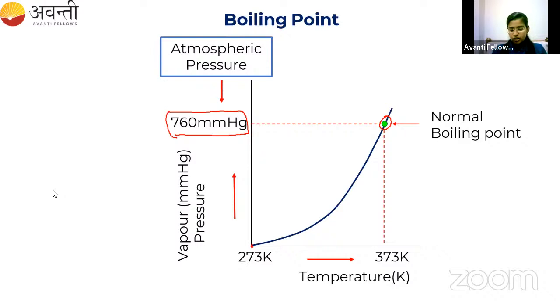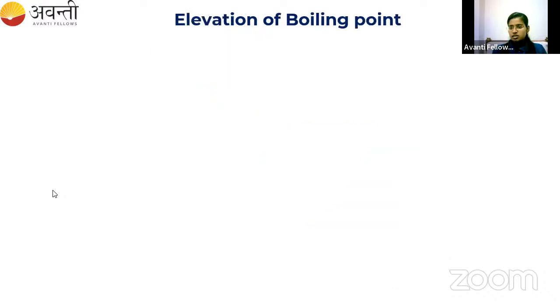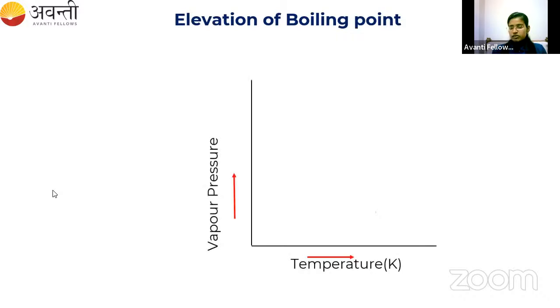That is what we are going to see in the next slide. So again, I am going to take the same graph with the vapor pressure and temperature. Initially, I will have only the pure solvent. Yes, Nagashri, your answer is correct. So initially, I have only the pure solvent, which is A here, and that is the water we can take.